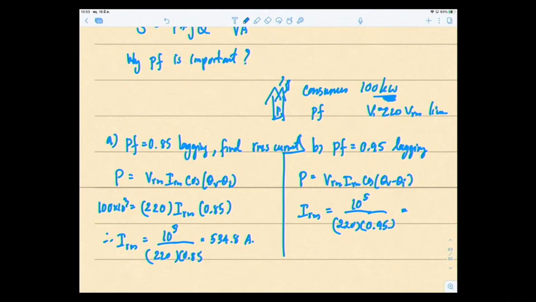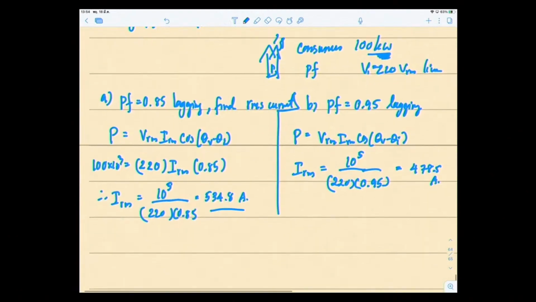And the answer is 478.5 amps. Well, you can see clearly that the current is reduced. When you compare the two, it reduced by 56 amps, about 10.5%.